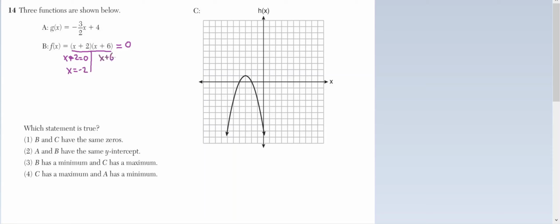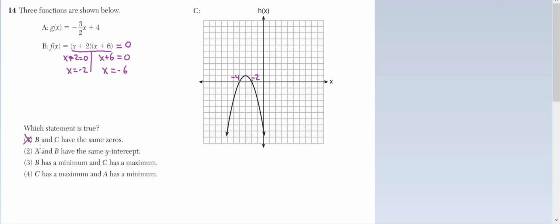You could also set x plus 6 equal to 0 and get x equals negative 6 as a root. So this one checks out to match up with C, meaning there's a root at negative 2 here. There's also a root at negative 4, which doesn't match up here. So we can eliminate choice number 1.